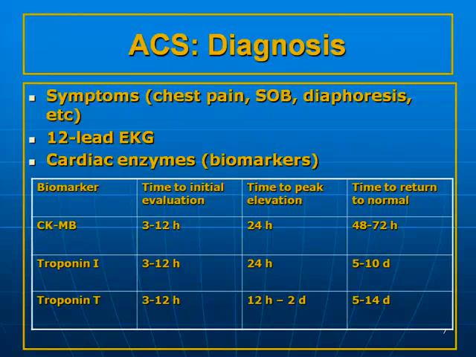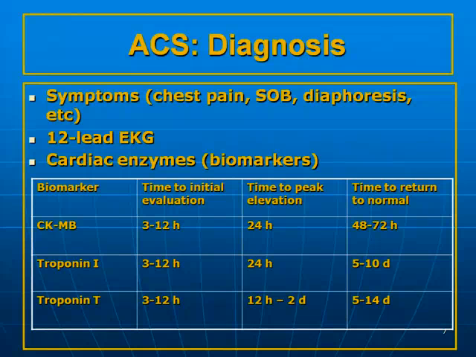And on the slide, on slide 7, there's a table that outlines the primary cardiac biomarkers that are used in the diagnosis of acute coronary syndrome. Now, with STEMI, oftentimes the enzymes are not necessarily all that helpful because you've got ST segment elevation on the EKG.